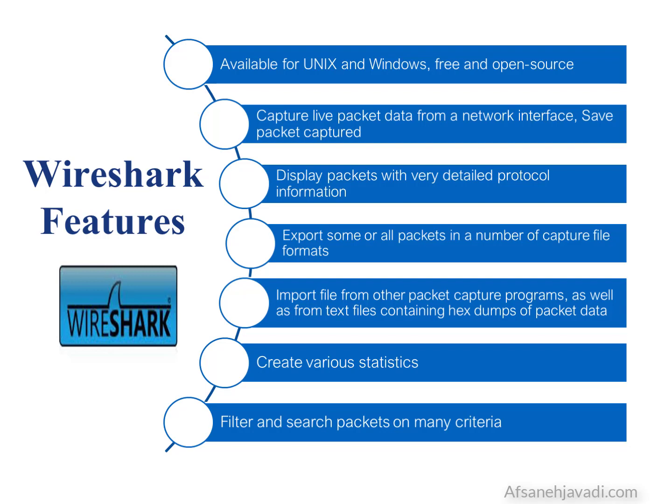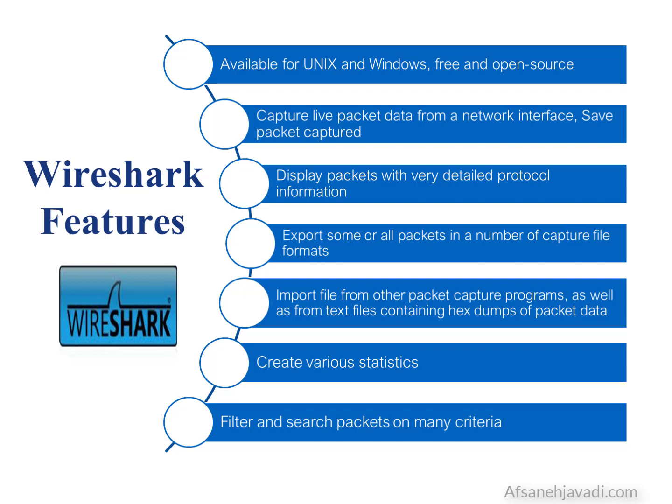It can import files from other packet capture programs and tools, as well as from text files containing a hex dump of packet data. A hex dump means a file that includes the hexadecimal representation of data.